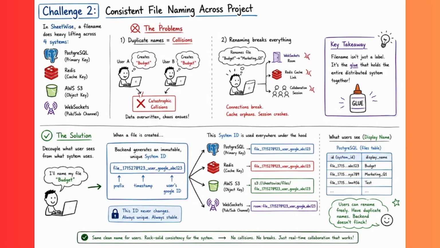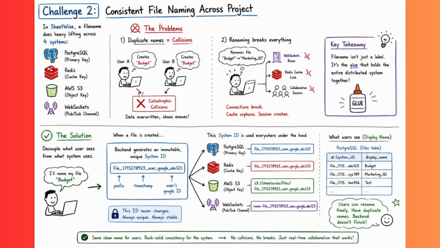To solve this, I created a strict composite naming convention on the backend. When you create a file, the server generates an immutable unique ID that looks like file, dash, plus a timestamp, plus the user's Google ID. That ugly unique string is what the system uses to route WebSocket messages, fetch from Redis, and save to AWS S3.